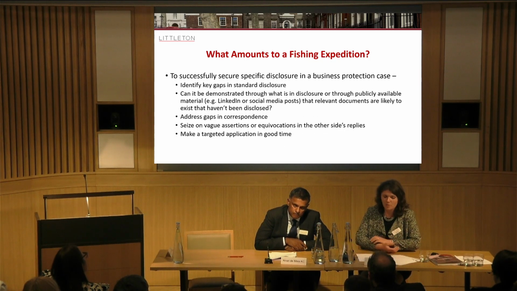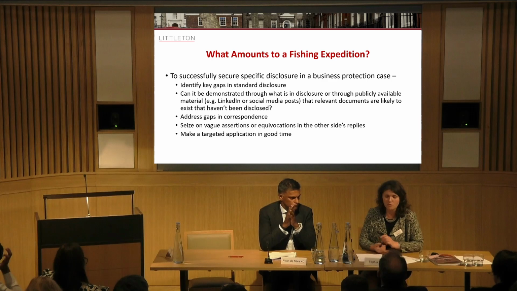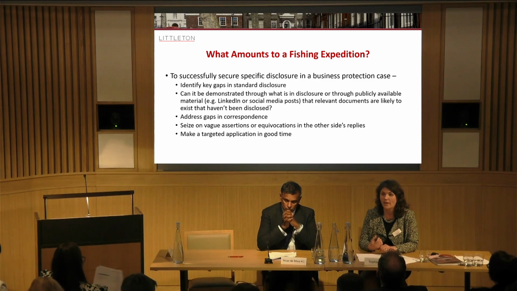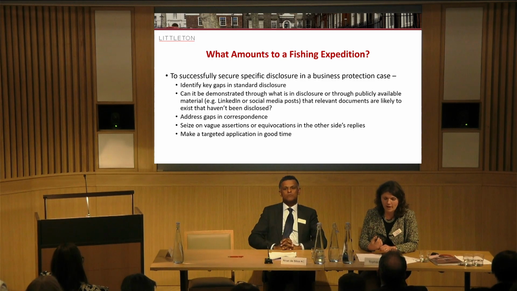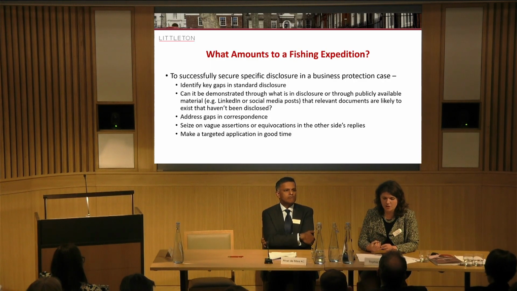In this slide, we want to set out how we think you can ensure that your specific disclosure application is successful. Firstly, you want to seize on what you've got in standard disclosure to show the court what the gaps are, that there are gaps and that you need the documents which haven't been provided to you. Can you demonstrate those gaps not only through standard disclosure, but also through publicly available materials?